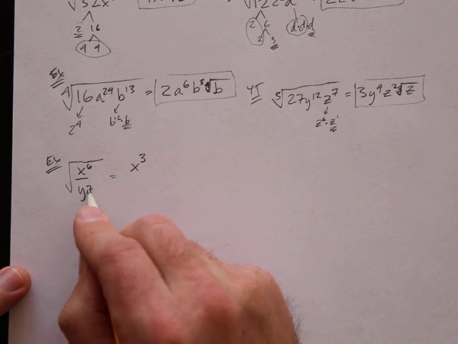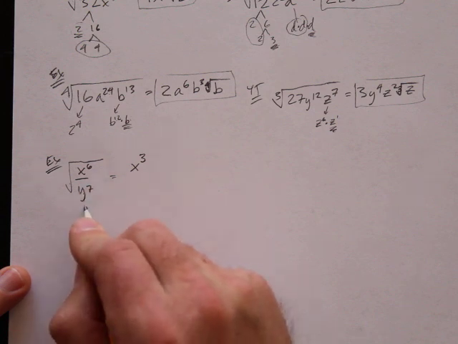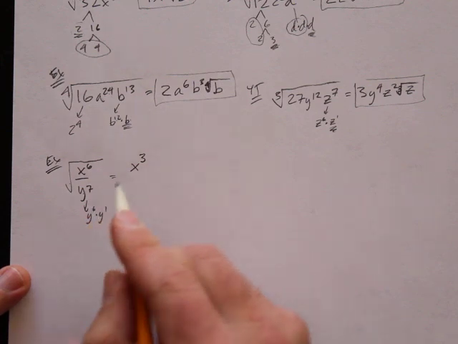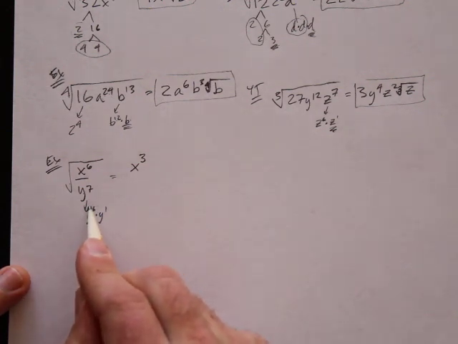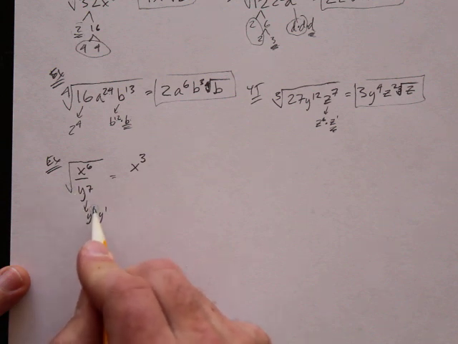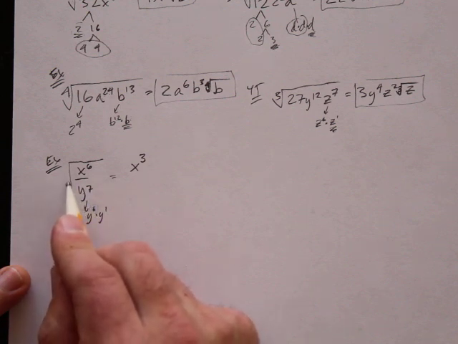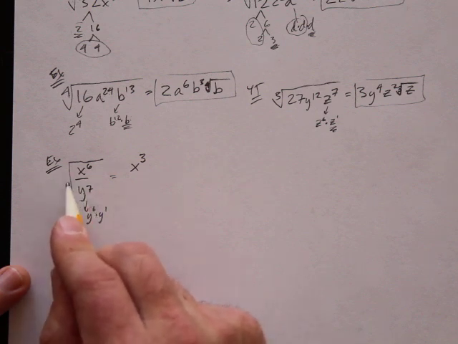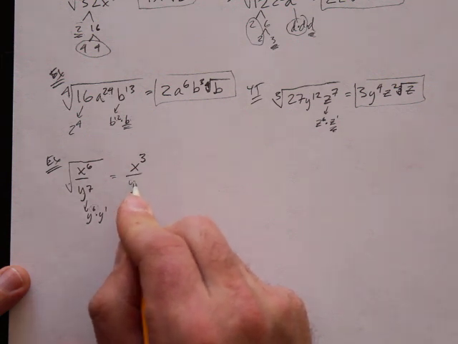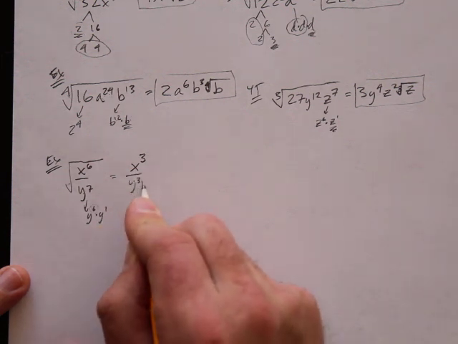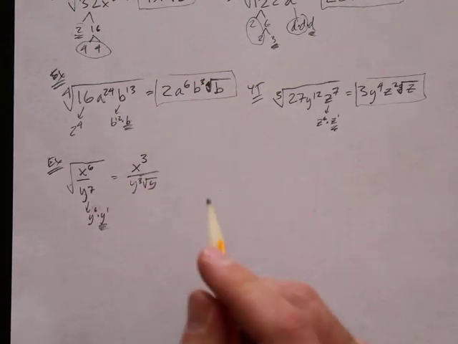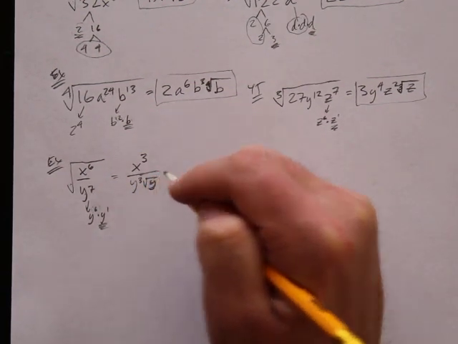Now, y to the 7th, I have a problem here. This is y to the 6th times y to the 1st. So I just try to get this power here to divide evenly with whatever my index number is. So this is 2. So 6 divided by 2 is 3. So I have y to the 3rd times the square root of y, because that's what's left over here.